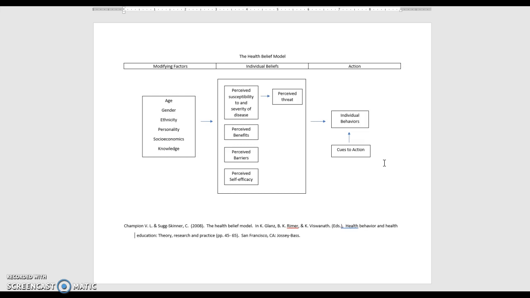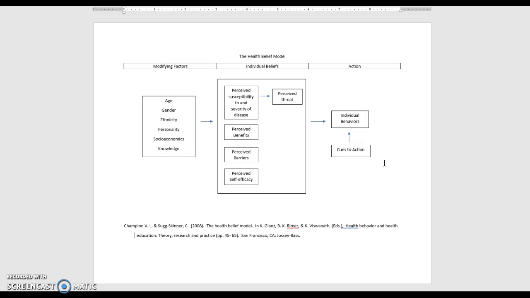So this might be, perhaps if we use the example of a smoker, a persistent cough that they have, and then they watch the COPD commercials and they start getting scared, like, oh, that could be me if I don't stop smoking. That's a cue to action. Perhaps they go to their physician for an annual checkup, and the physician says, you know, you really should stop smoking.